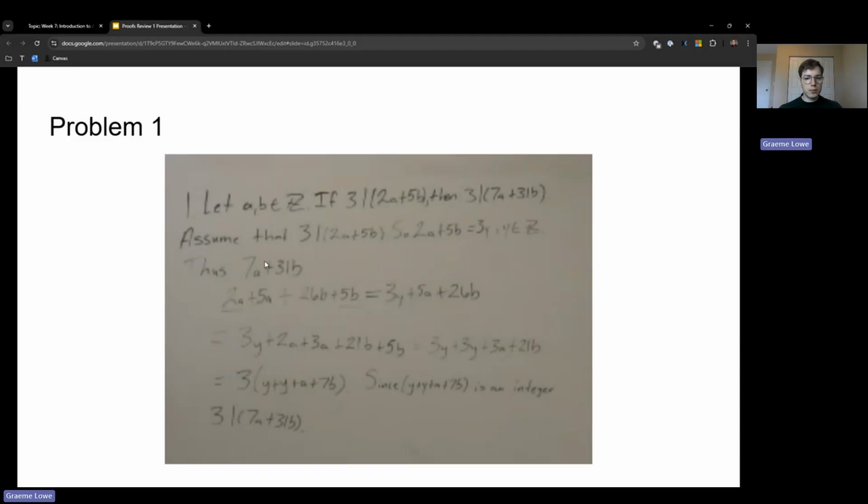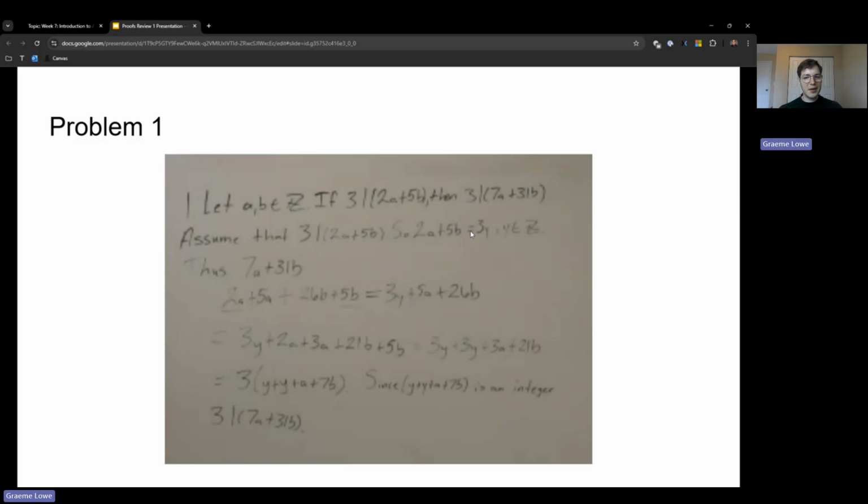Before we go into the next portion, we want to show that 7a plus 31b is divisible by 3. So we're going to use this equivalence, and especially use 3y, to break down 7a plus 31b into a form where it's something times 3. And then we can find the proof there.